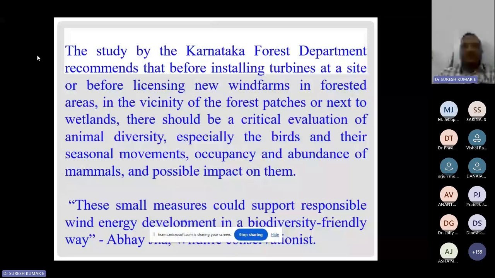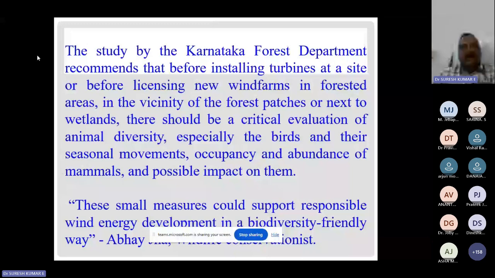You should see the animal diversity, especially the birds and their seasonal movement. We should study the seasonal movement of animals, birds, then occupancy and abundance of mammals and possible impact on them. We should study this, then only we can give the license.